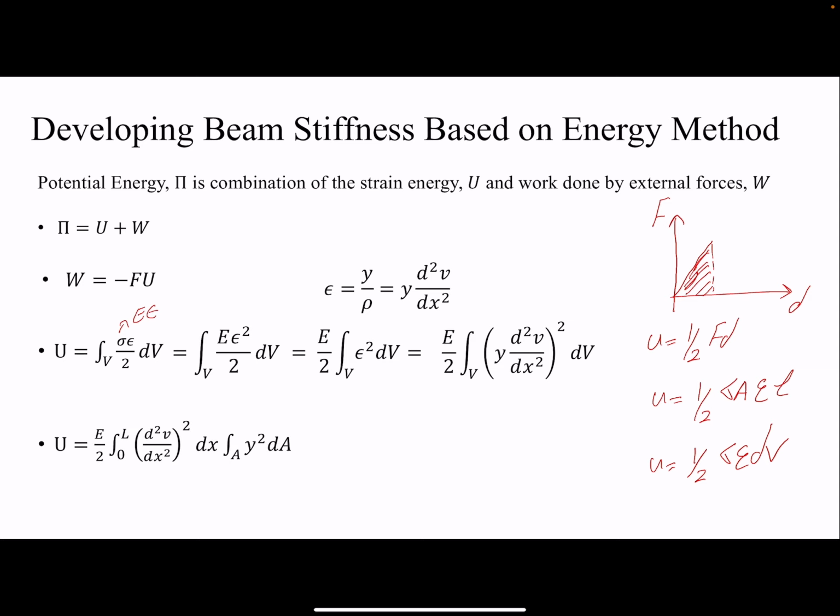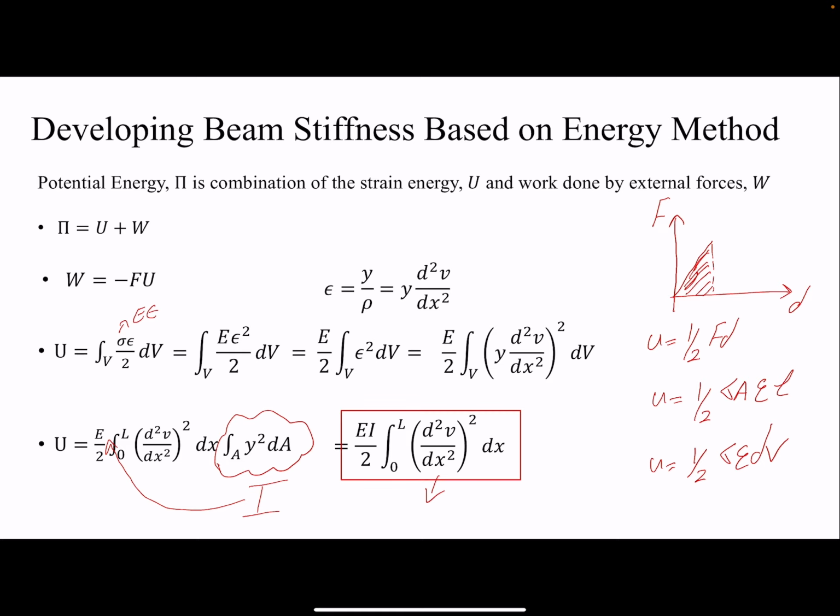If I take y out of the integral and have its own integration, this would be the definition of the second moment of area, I, and I could put it here. That would be EI over 2 times the second derivative of deflection squared. So my task to find the strain energy is to find this second derivative of deflection.